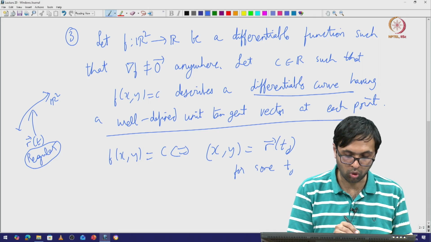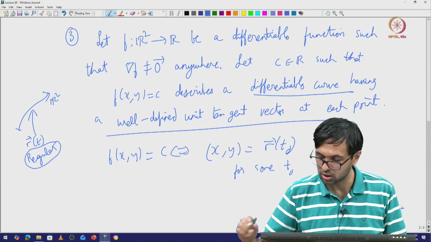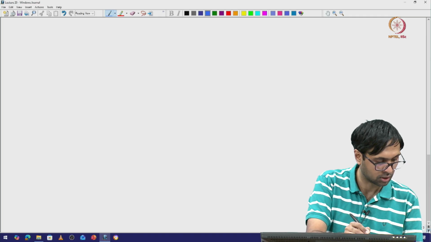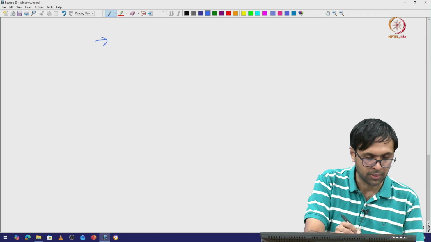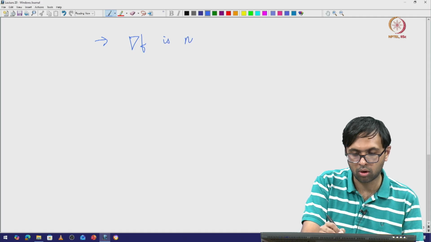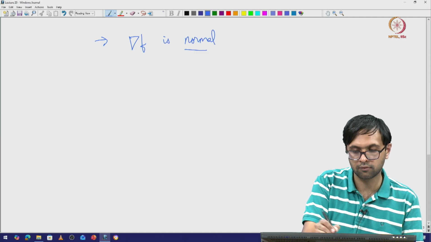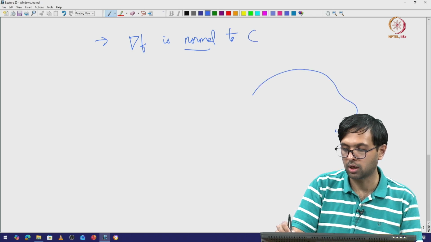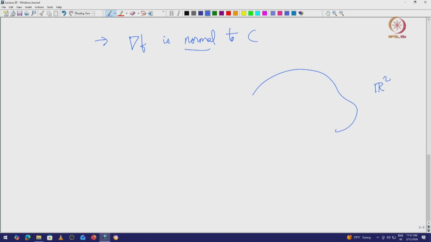So what we can prove using this set of hypotheses is that the gradient of f is normal to this curve. Meaning if you look at this curve in R2, the gradient points perpendicular to it.